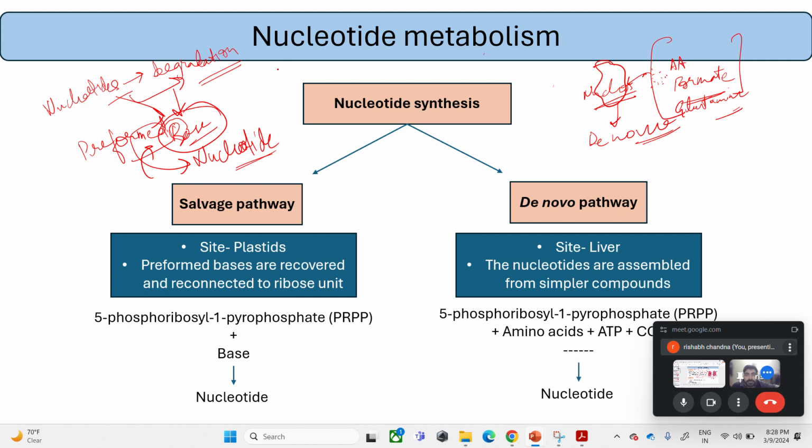The salvage pathway depends upon this preformed base and forms a nucleotide from it.